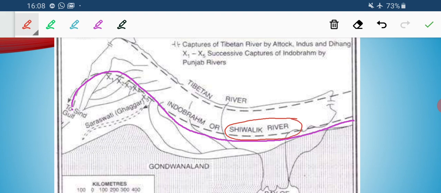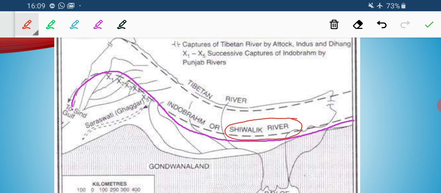Okay. Now when the Gondwana land was moving towards the Eurasian plate, what was the resultant? The Tethys got folded and Himalayan mountains were formed. But continuously the compression was going on, that means folding activity was going on.